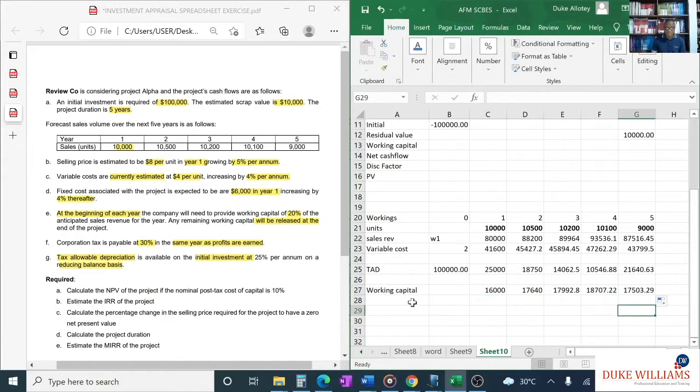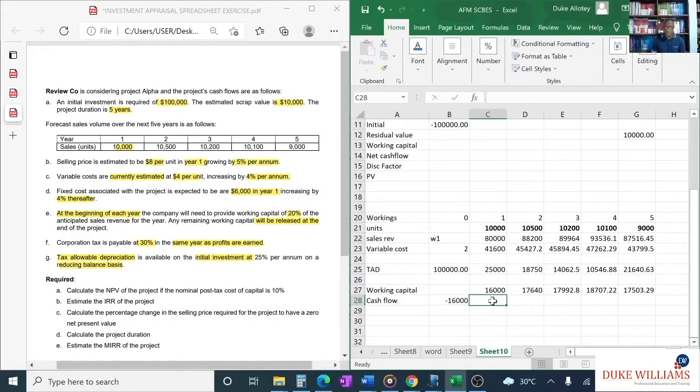But then I will need to understand the working capital cash flow. This is important. So in year one, this is going to be the negative of this, and that comes to that.